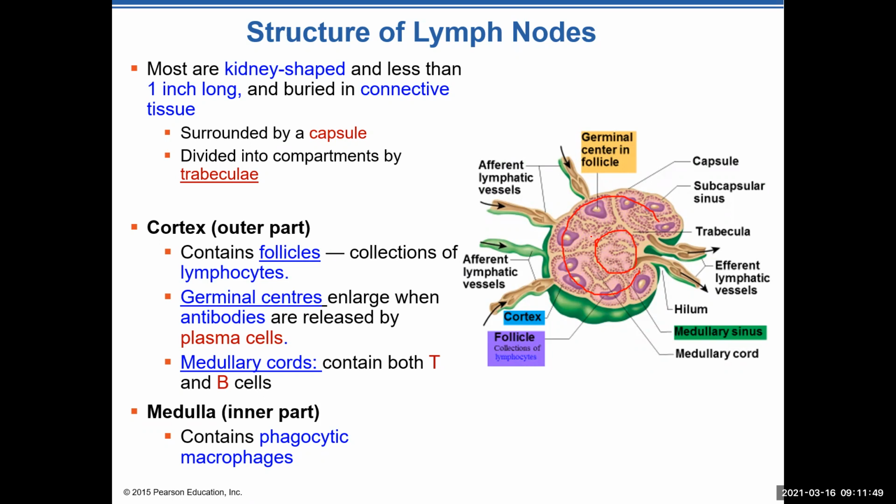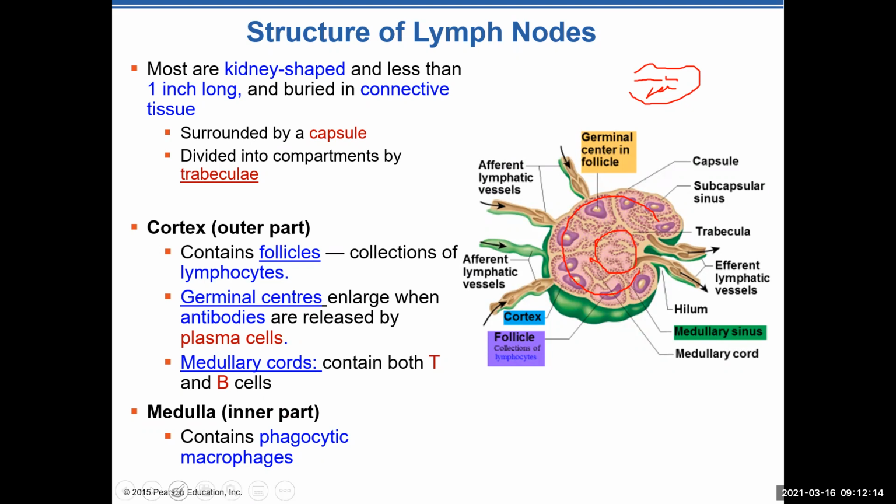Okay, and then this lymph node has a lot of trabeculae in it. What is a trabecula? If you remember, we discussed trabeculae in the spongy bone, those bars of bone in the spongy bone, right? So inside you will see a kind of trabecula, but here it's made up of connective tissue, not bone.